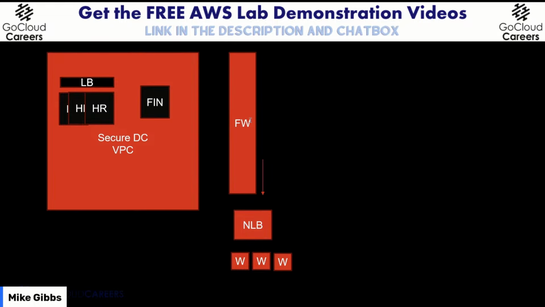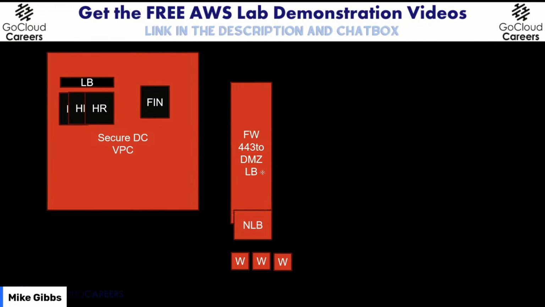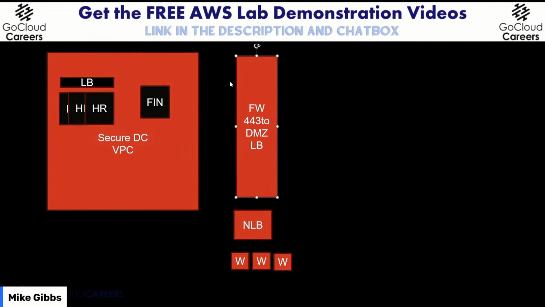So this is only going to allow 443 to the DMZ load balancer. And that's all it's going to allow. So the firewall will allow port 443 traffic to this load balancer. The firewall will block everything coming into the systems. So this is an internet-facing load balancer. This is an internal load balancer.